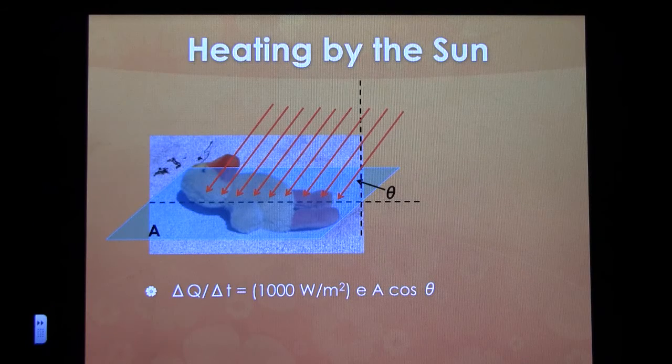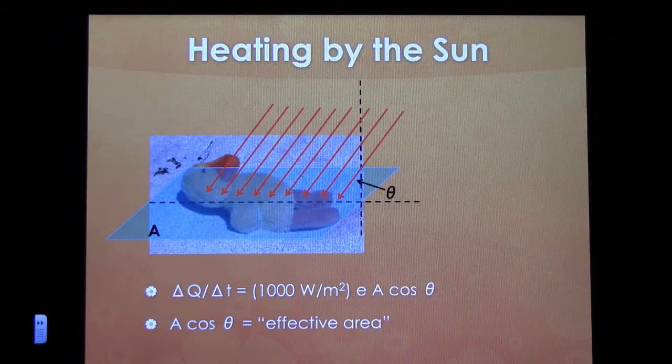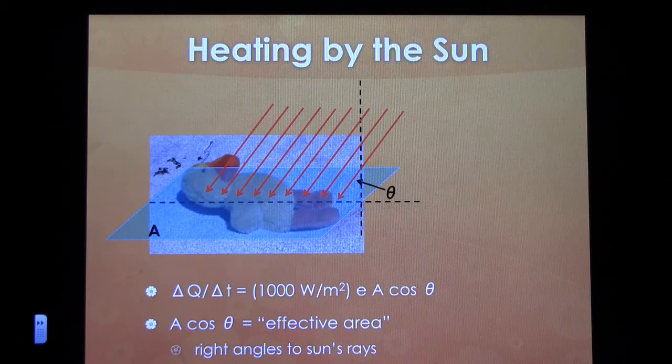Well, we know E is the emissivity, and it tells us how well that object will absorb or emit radiation. In this case, absorb it. And A cos theta is known as the effective area, the area that is at right angles to the sun's rays. So how is this shown?